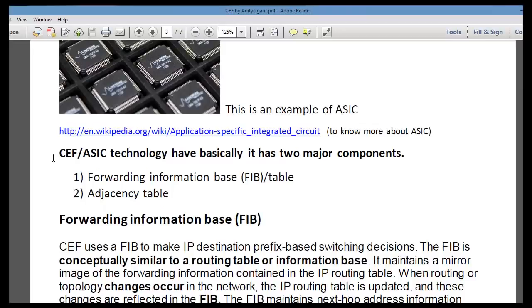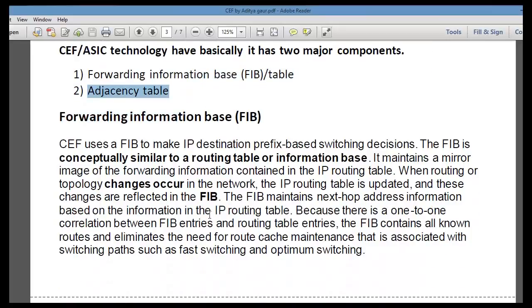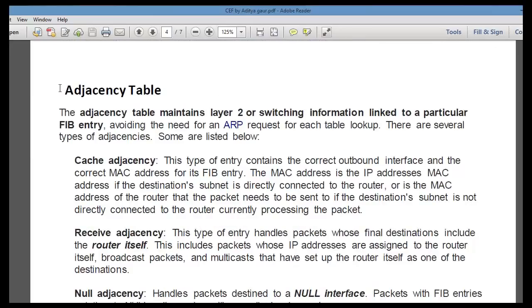As I told you earlier, CEF has two major components: the forwarding information base table and the adjacency table. I have also described what the forwarding information base is. It is conceptually similar to a routing table or routing information base. The adjacency table maintains layer 2 switching information linked to a particular FIB entry.